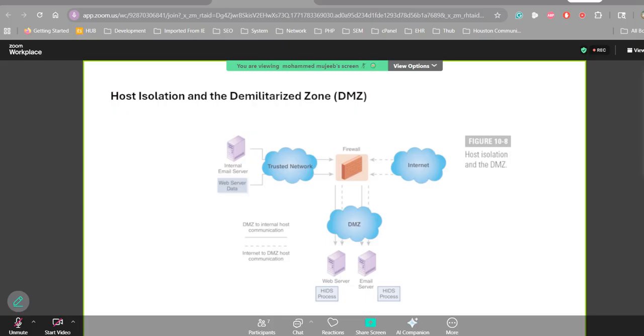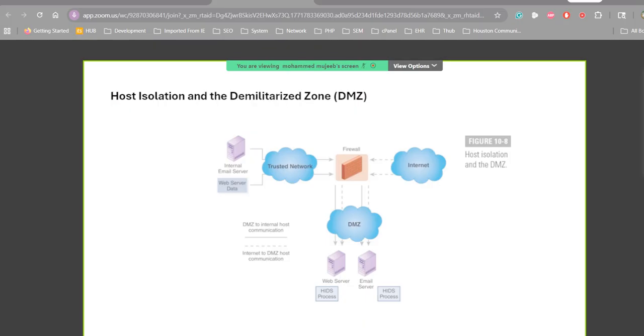It's just an area, like a staging area, where before you go into your email servers or your web servers, you go to the DMZ, and you check there whether there are any threats or any risk. If not, then you go to your email servers and web servers. Before that, everything is handled in the DMZ.